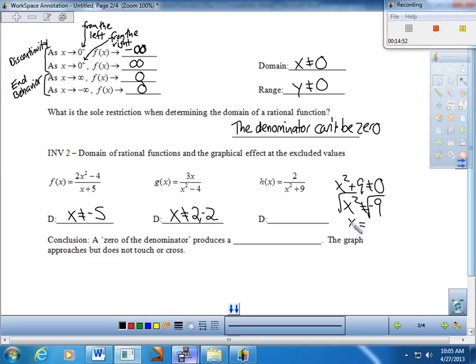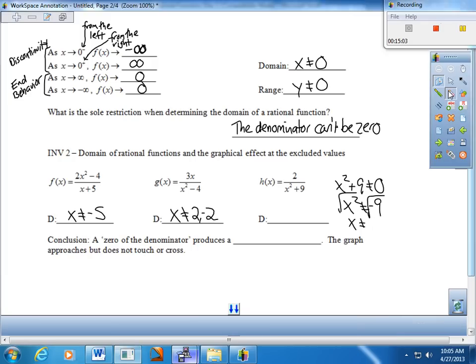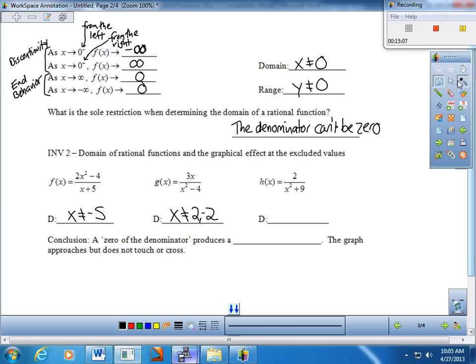No. It looks like when I solve this, I'm talking about imaginary numbers, and so as a result, there are no real numbers that need to be excluded. I hope everybody sees that in this particular case. So in this situation, the domain is all real numbers. There are no real numbers that would make the denominator 0, and hence there are no exclusions.